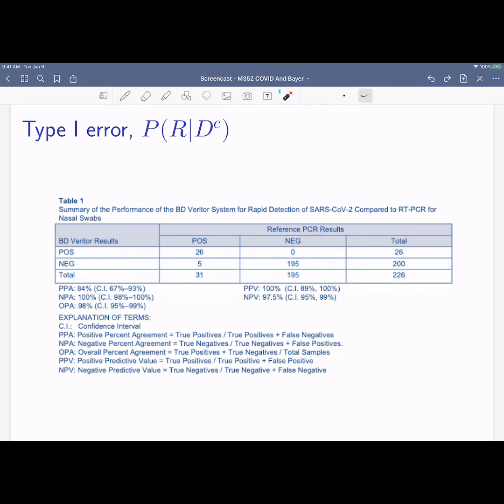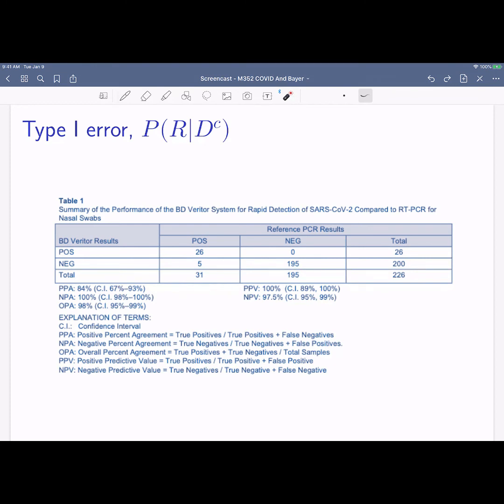PCR stands for polymerase chain reaction, which is a tool used in RNA-based tests. So over here, this is like the truth. This is like what was really happening. An RNA-based test is also a binary test, so we've got positive results and negative results. We're supposed to think of the PCR results as truth.